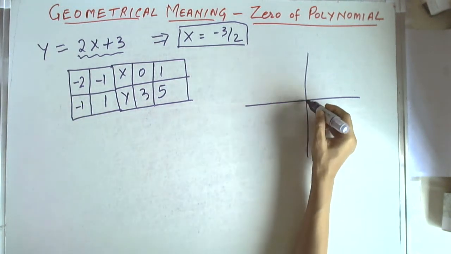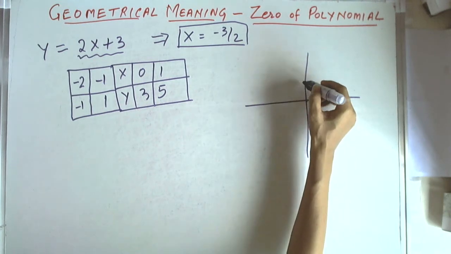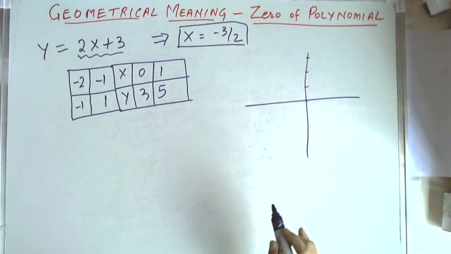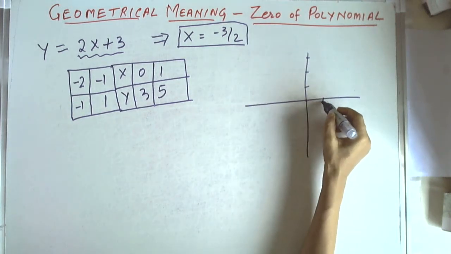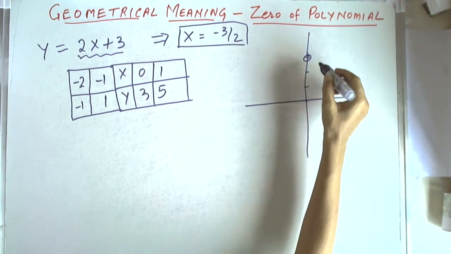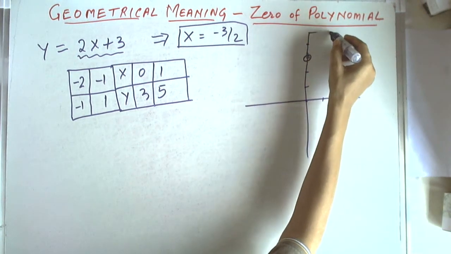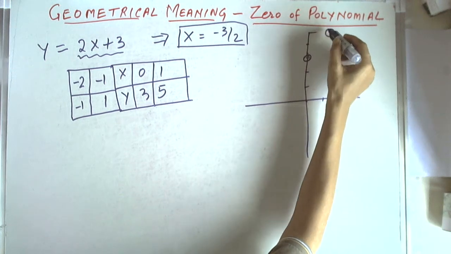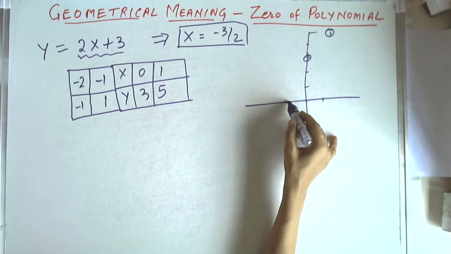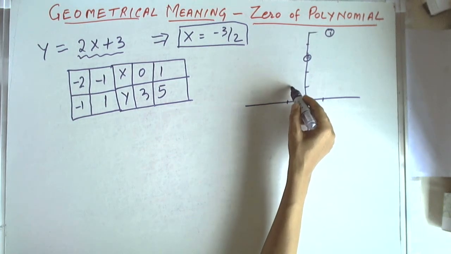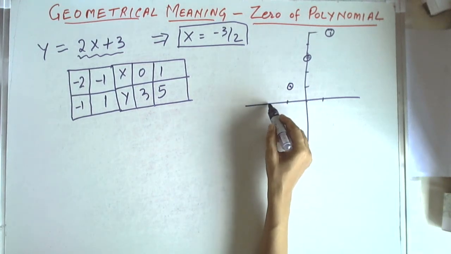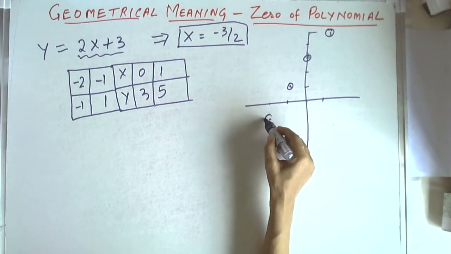So now let us plot these points. 0, 1, 2, 3, and this is 1. So this is one point, then 4, 5. So this is another point, and then minus 1 is this point, and then at minus 2 is this point.